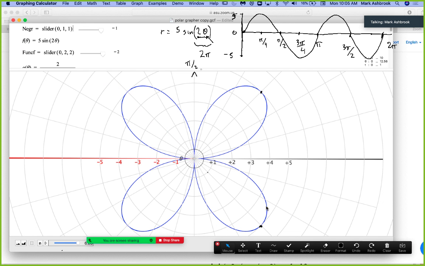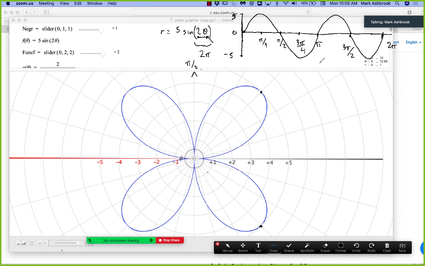So the period, we talked about this before, the period of the Cartesian graph can be different or the same as the period of the polar graph. In this case, we need 2 cycles of our Cartesian graph to get the 1 full cycle of the polar graph.